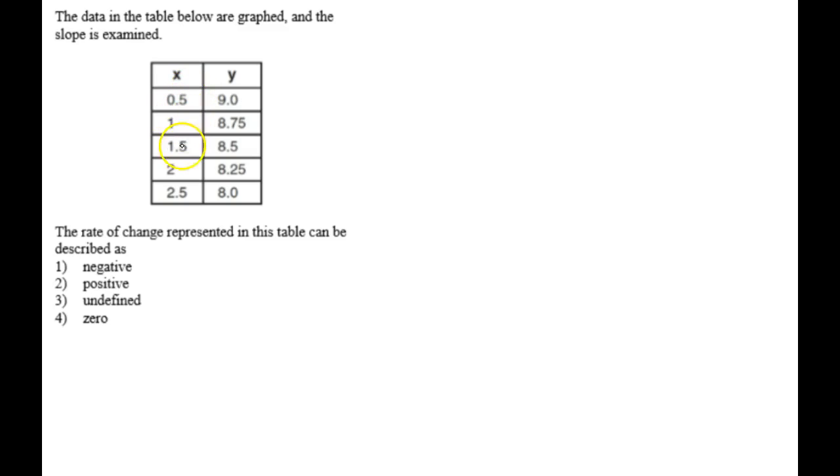Our x values are increasing by the same amount each time, and we can see that our y values are decreasing by the same amount each time. They're decreasing by 0.25 as our x values increase by 0.5. So as x increases, our y values decrease. That is negative correlation. That slope, that rate of change, would be negative.